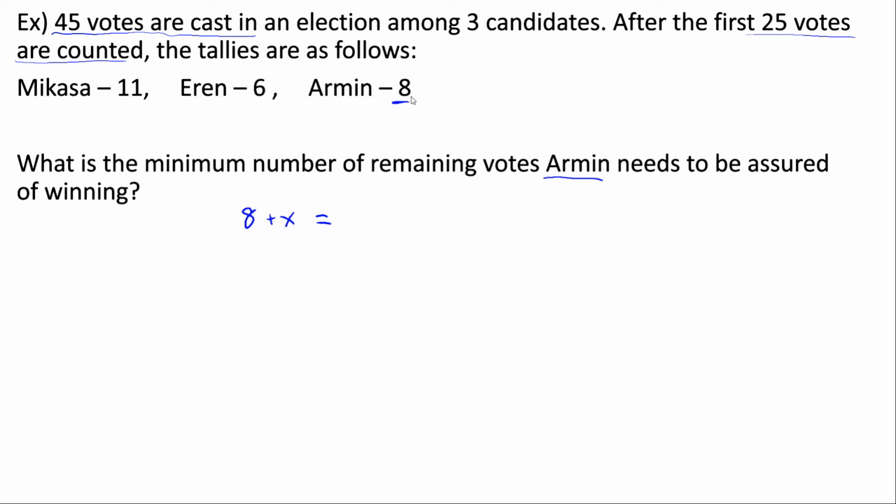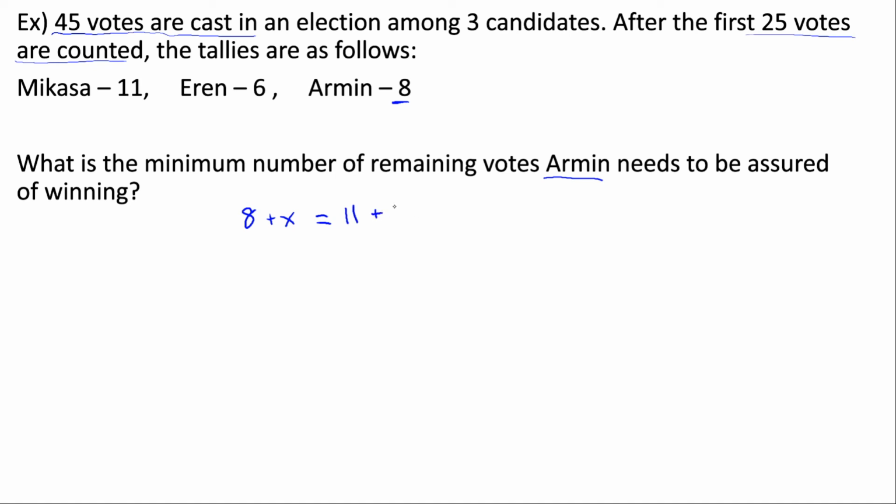If Armin is in first place, we're going to put the number of second place votes here. If Armin is not in first place, we're going to put whatever the first place number of votes is. And in this case, Armin is not in first place. The first place candidate has 11 votes, so 11 is what we're going to put here.